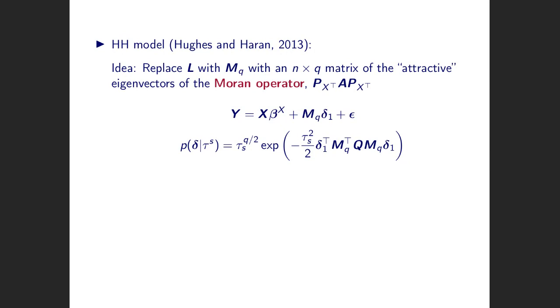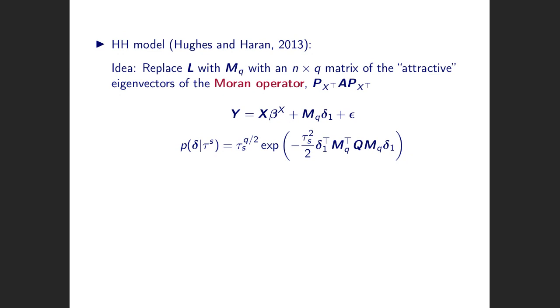The Moran's operator is the numerator of the well-known Moran's I statistic, which is often used as a measure of spatial dependence. So because this basis, MQ, actually depends on both X and the graph Laplacian, they argued that this was more spatial and therefore a better basis to be using.